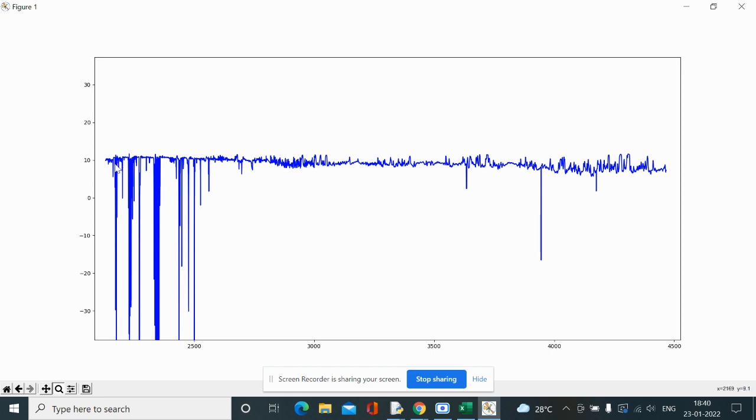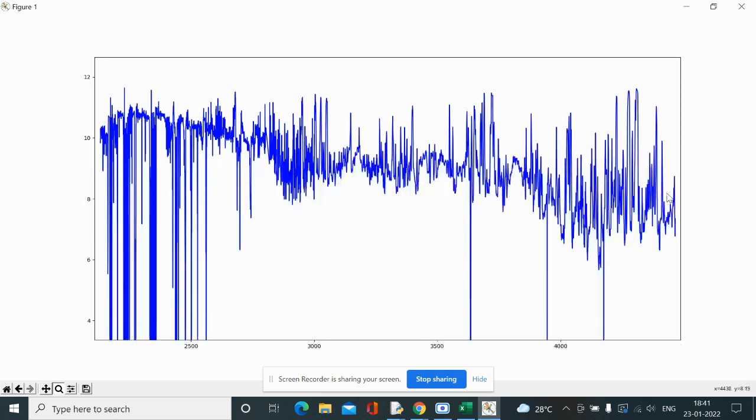The pore pressure ranges from 8 to, let me zoom again, the maximum pore pressure here is 11.64.